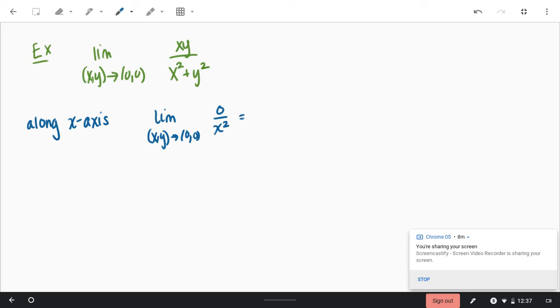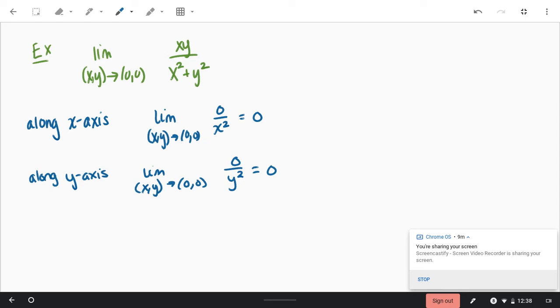Okay, so that'd be 0. We could do it along the y-axis. So x would be 0. And then we would have 0 over y squared. Well, that's also 0.